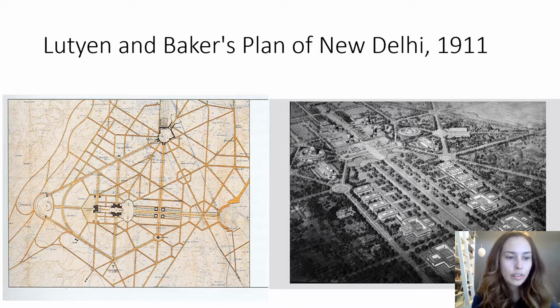The layout was governed by three major visual corridors linking the government complex with Jama Masjid, Indraprastha, and a tomb whose name I can't say.